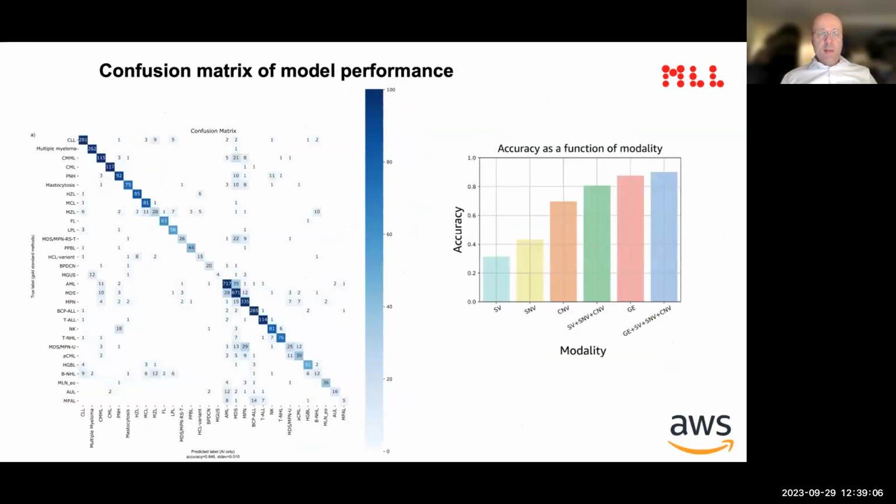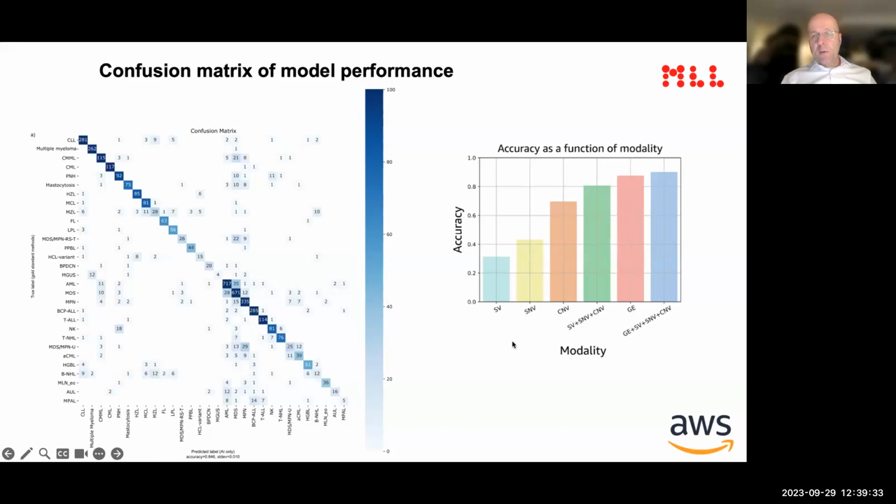We can use such data without any further input of other diagnostic methods to try to predict the respective diagnosis, as you see here. And it's not perfect, that's for sure, and one would have to improve on that. But as you see here on the diagonal, the correct diagnosis is the majority.